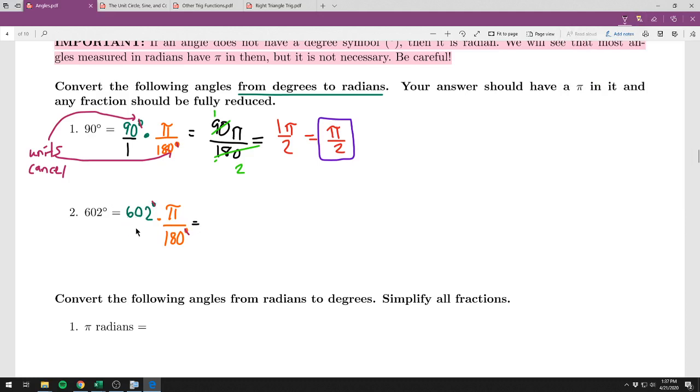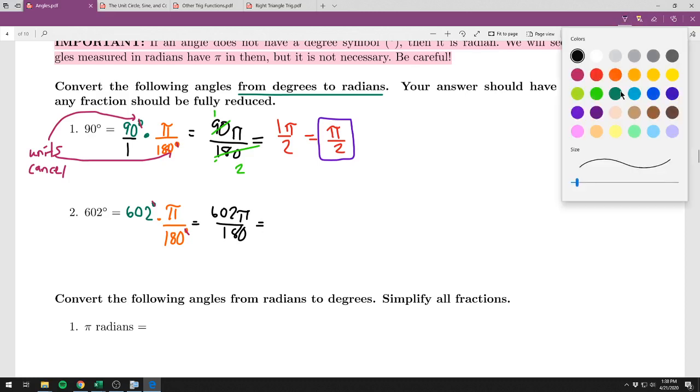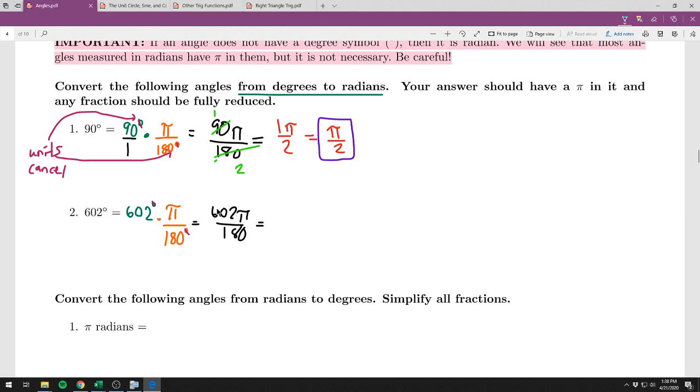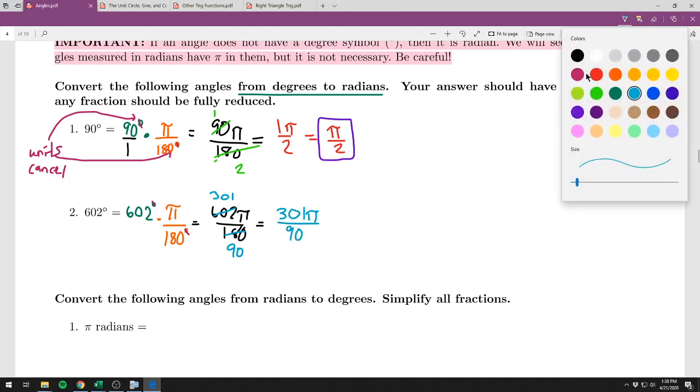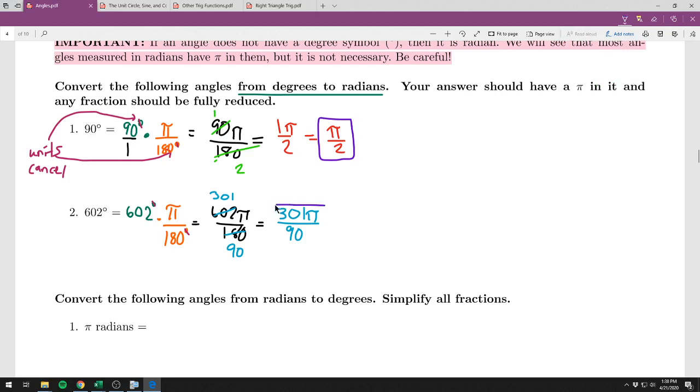If you think about the 602 being over 1 again, because we're multiplying fractions, we get 602 pi over 180. Now, if you can simplify the fraction, you need to. These fractions are kind of big, so you might be inclined to do that in your calculator, but we can take a 2 out of each. They're both even. We get 301 over 90. And 301 and 90 have no common factors. So 602 degrees simplifies to 301 pi over 90.